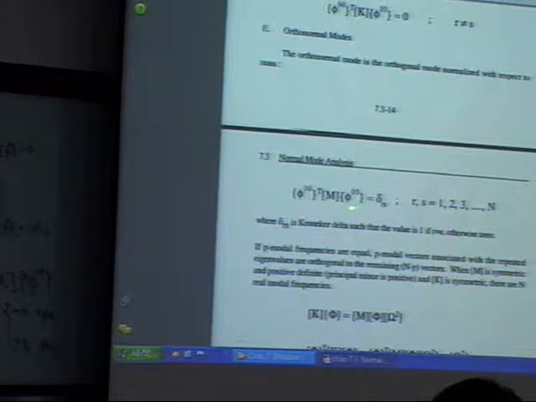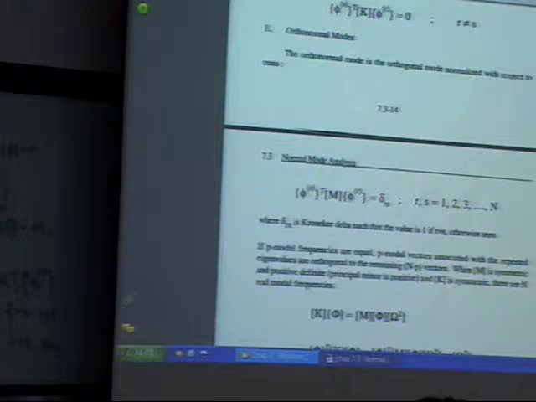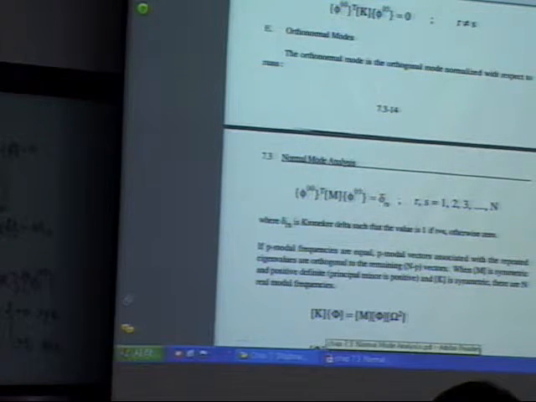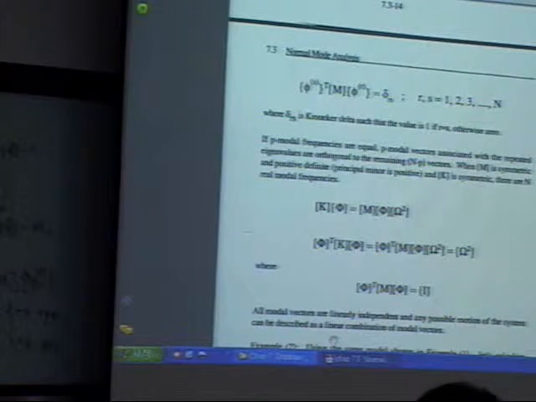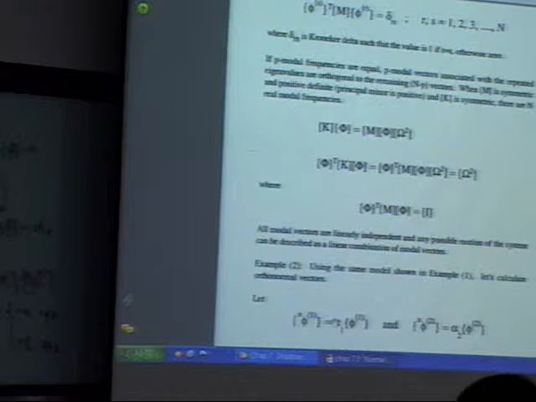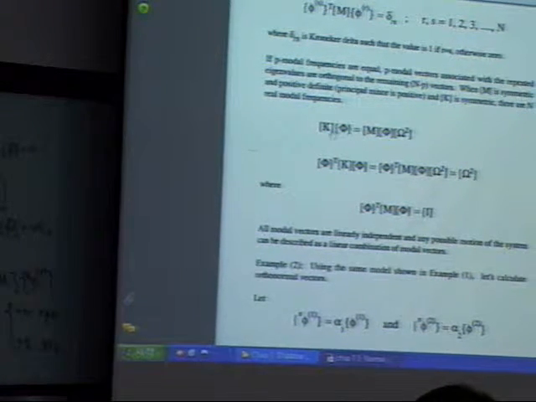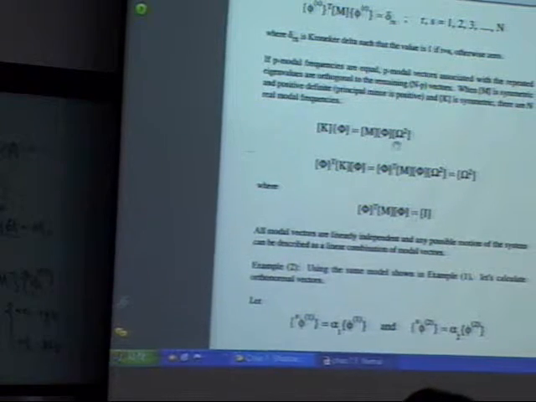Why is this, I keep saying this is a nice feature, why do I say that? The reason is sometimes clear, but this is the expression using the matrix forms.